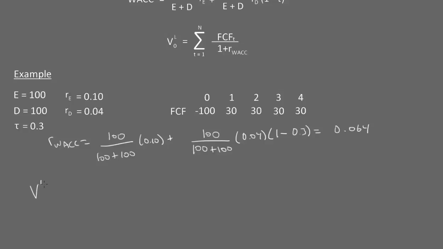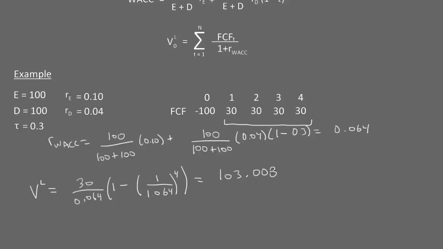Now the levered value of the firm is simply the present value of the future free cash flow at the WACC. So we have a stream of payments of 30 for 4 years, which are our free cash flow. So this is an annuity using our WACC. We pop it into a familiar annuity formula, and we get 103.008.